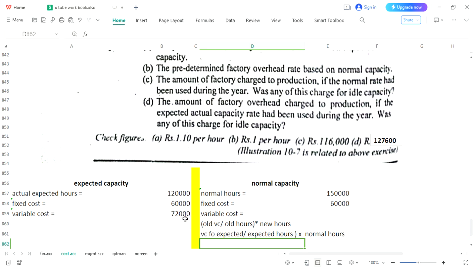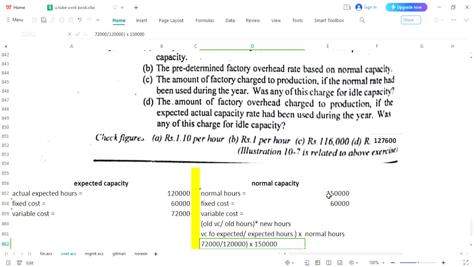Variable cost 72,000 was for what? For 120,000 hours, and we are following this formula: variable cost for expected divided by expected hours, so 120,000 hours, and then you can multiply it with normal hours, which are 150,000.